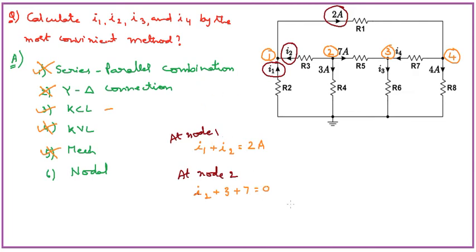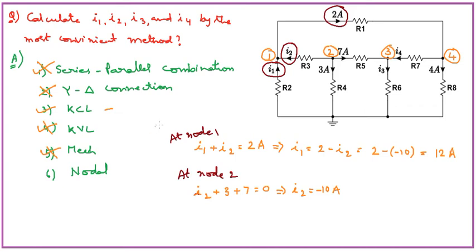Now I can conclude one part here: I2 is equal to minus 10 ampere. So I1 is equal to 2 minus I2, which is equal to 2 minus of minus 10, so it will be equal to 12 ampere.